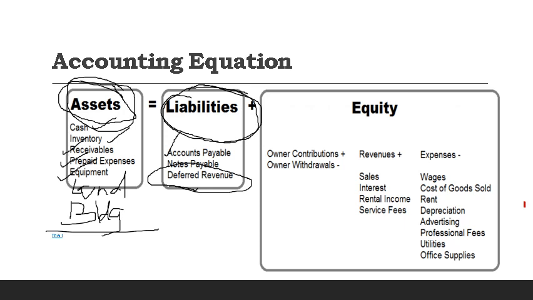Cash, the money you have in your business bank account. Inventory, any goods you have in stock that you intend to sell. Property and equipment, any building or tools that you need to operate your business.